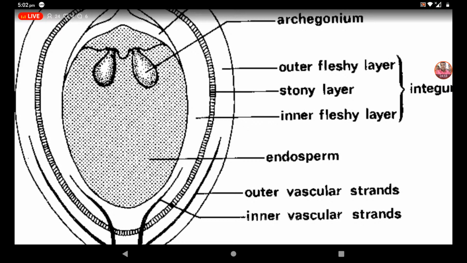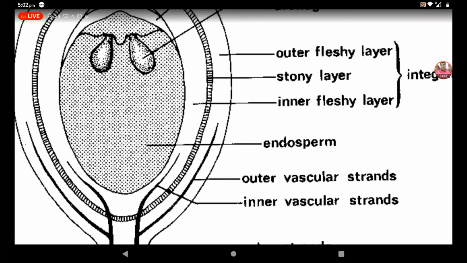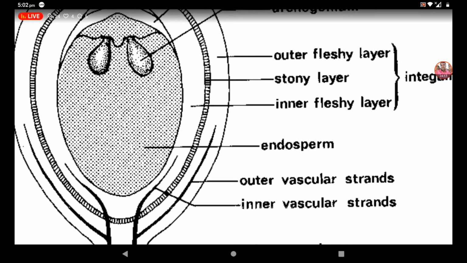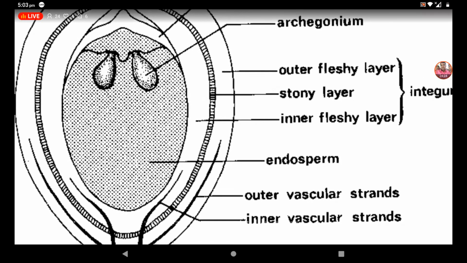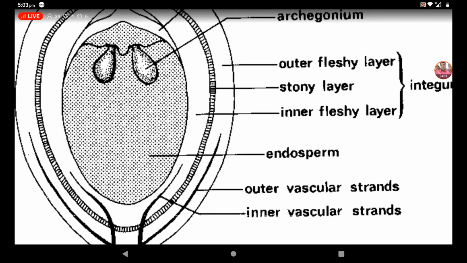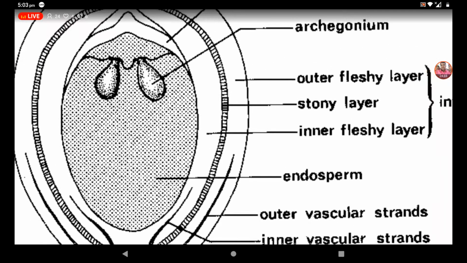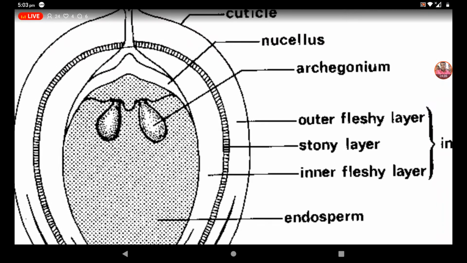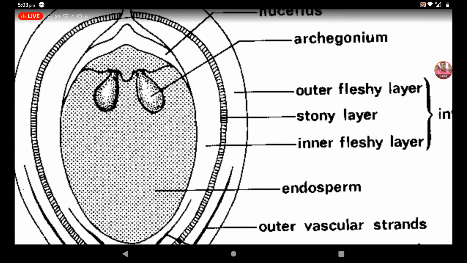The male gametophyte is a pollen grain, which I will discuss later. In angiosperms, the male gametophyte is a pollen grain as usual, and the female gametophyte is the embryo sac, and after fertilization, endosperm develops in that embryo sac, which is a triploid condition. And the archegonium is unicellular, a single cell, but a minimum of 2 and even 10 or more than 10 archegonia can be found.